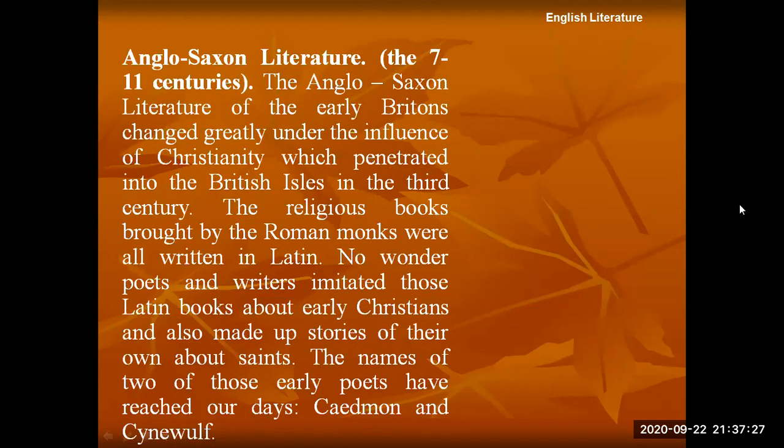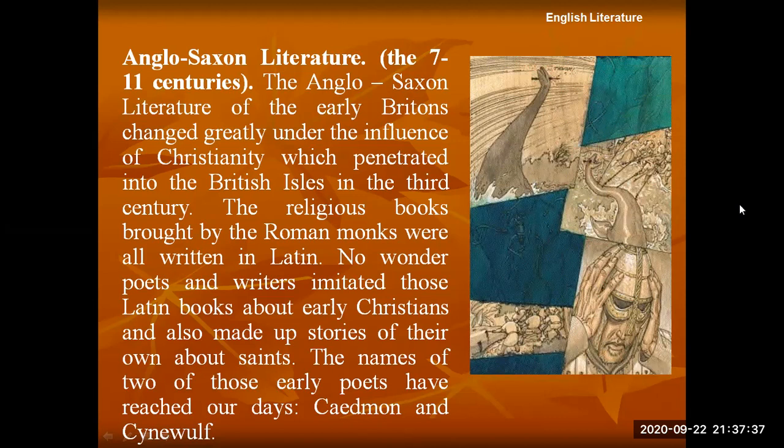The next question is Anglo-Saxon literature. The Anglo-Saxon literature of the early Britons changed greatly under the influence of Christianity, which penetrated into the British Isles in the 3rd century. The religious books brought by the Roman monks were all written in Latin.